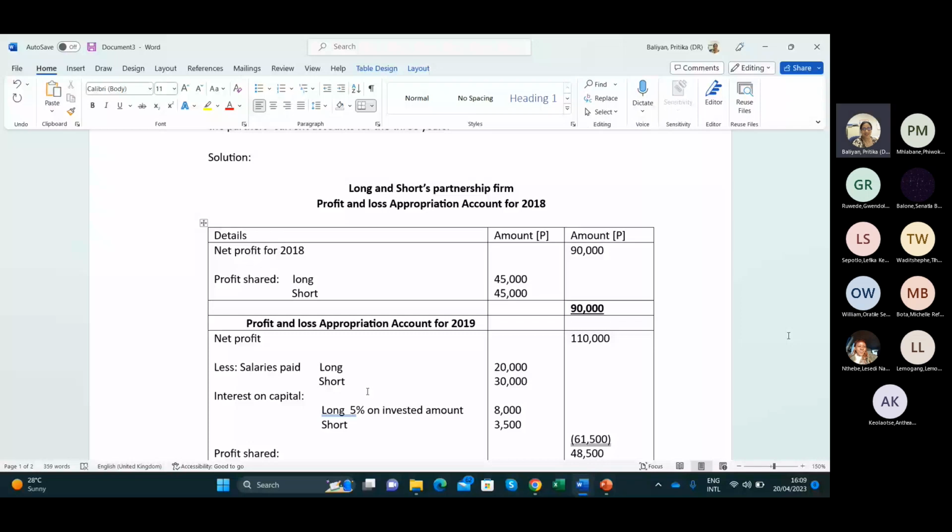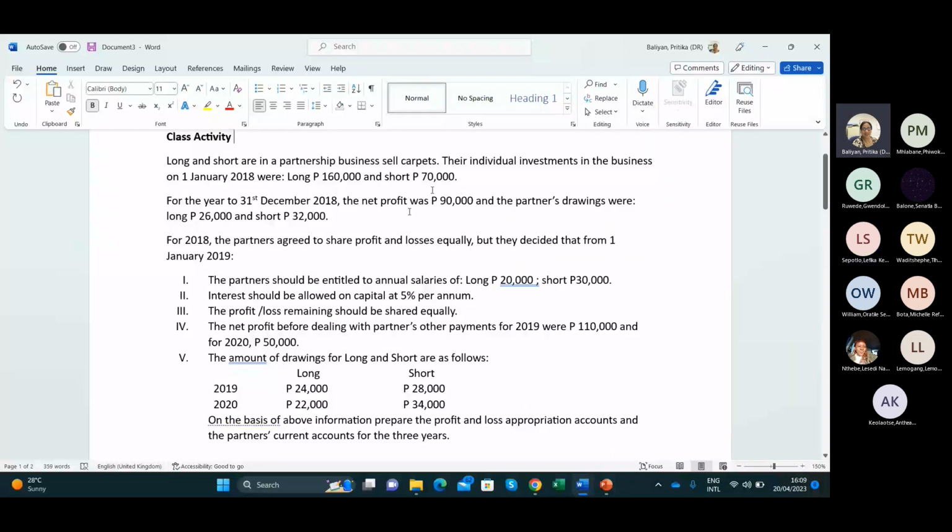So the 5% of invested capital of Long, how much capital did he invest? Partner Long, how much capital did they invest?